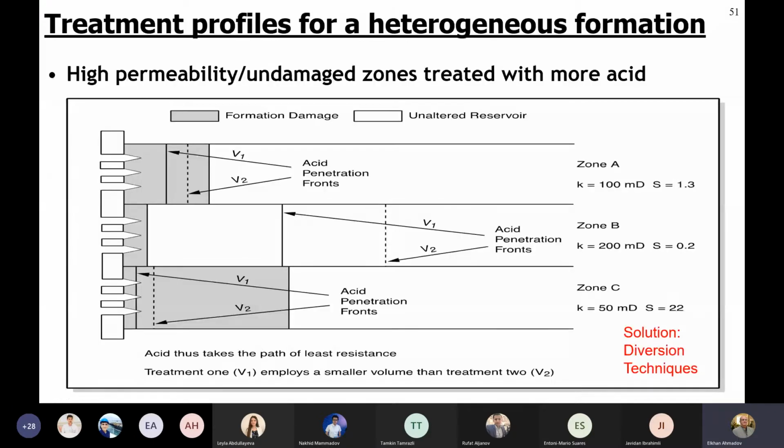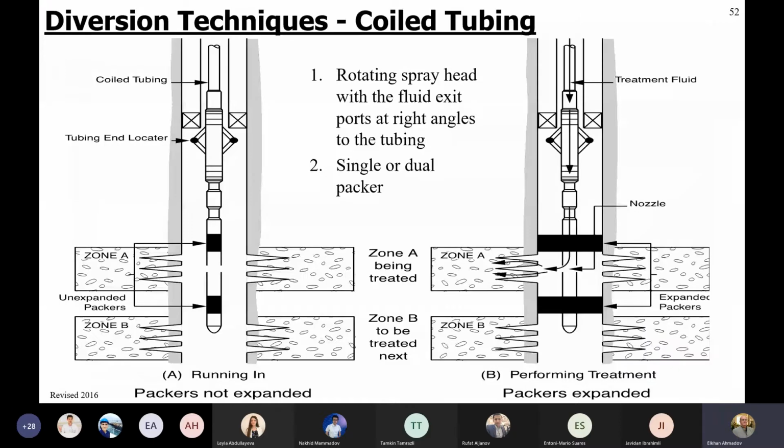These are the diversion techniques with the coil tubing, when we use a nozzle that will be injecting into only this zone, or the better option, though a little bit expensive, using dual packers and injecting into one zone, and then changing these packers, injecting into another zone.